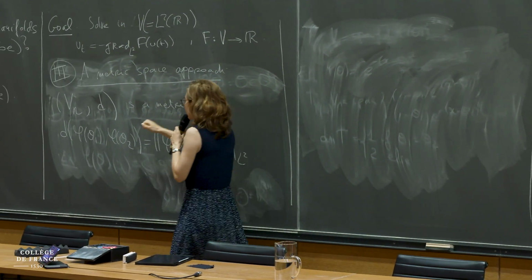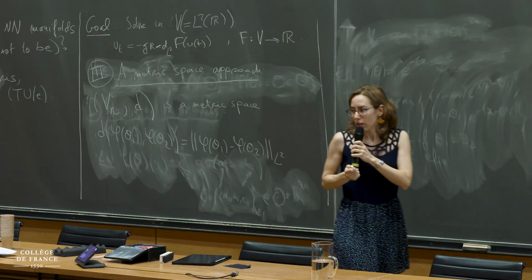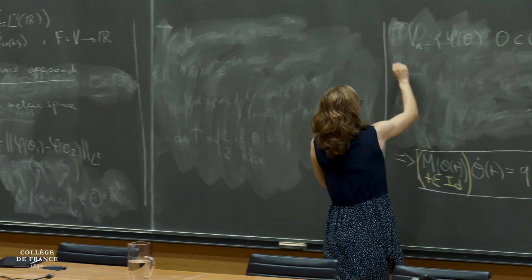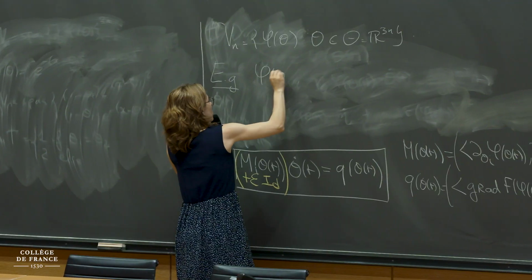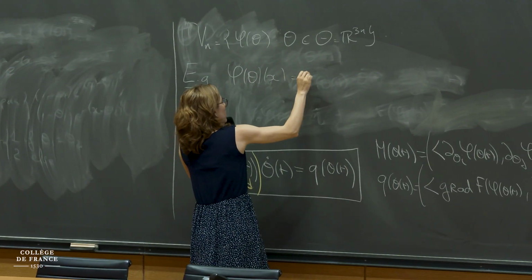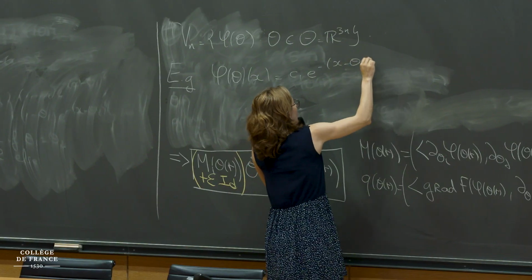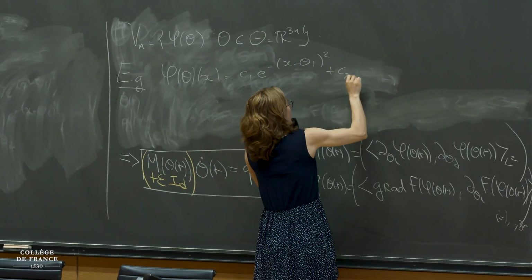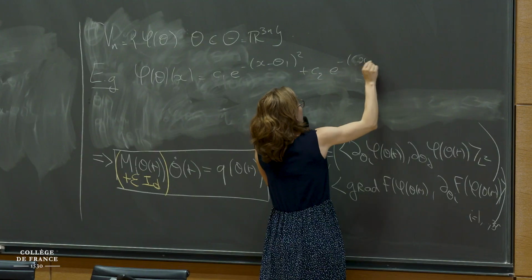And the problem is that this thing, the Vn here, is not closed. Vn is not closed. I am going to illustrate this to you with this example. So consider this thing, C1 x minus theta 2.